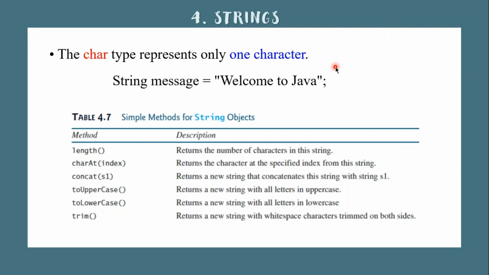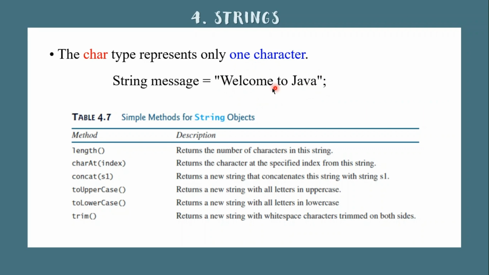So this is the syntax of how to instantiate or declare an object or a variable from the string class, and this is how we can initialize it. So we have here the quotation marks, and inside these quotation marks any character will be entered, then it will be part of this string.